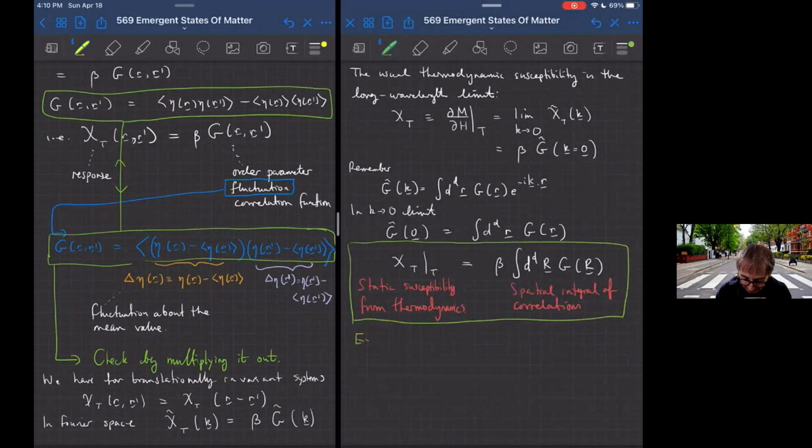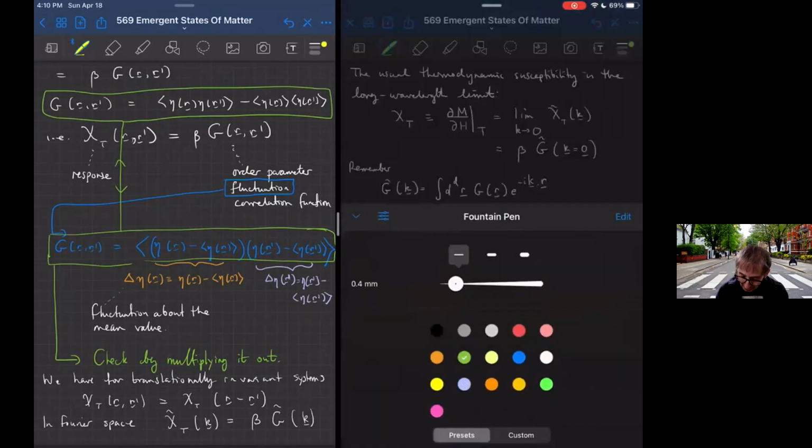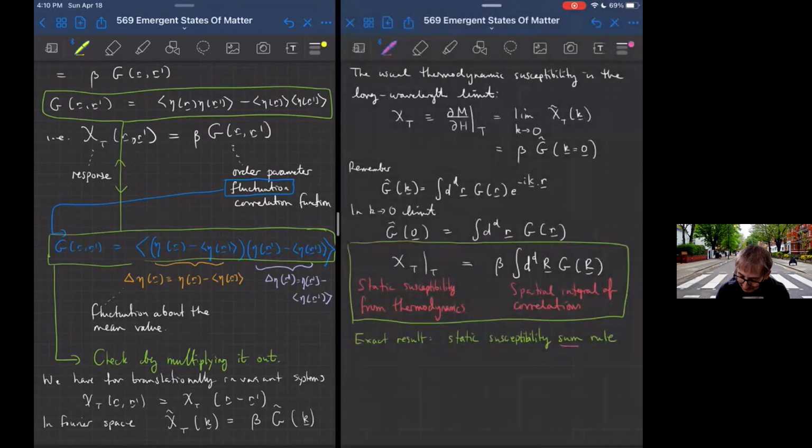And this exact result has a name. It's known as the static susceptibility sum rule. It's called a sum rule because you have an integral over real space of the correlation function. So that's the basic physics between these things.